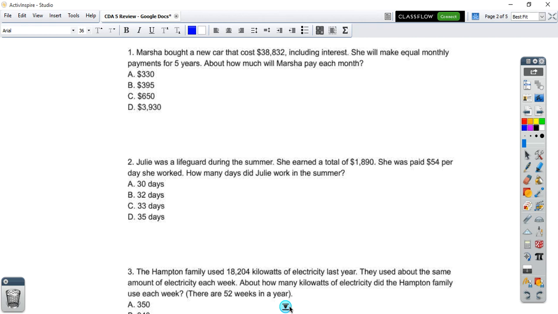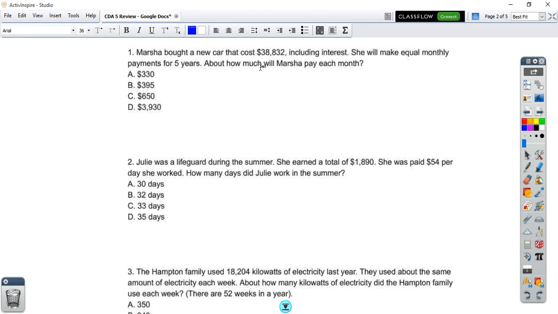Question number one says Marsha bought a new car that cost $38,832, including interest. She'll make equal monthly payments for 5 years. How much will Marsha pay each month? So the first thing I need to notice is that we're making equal monthly payments for 5 years.